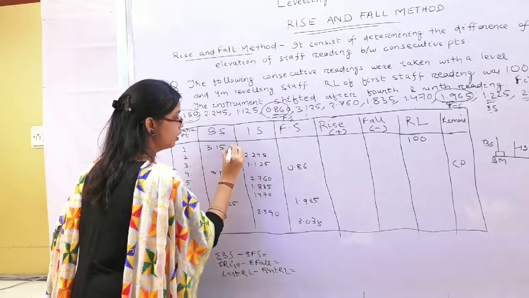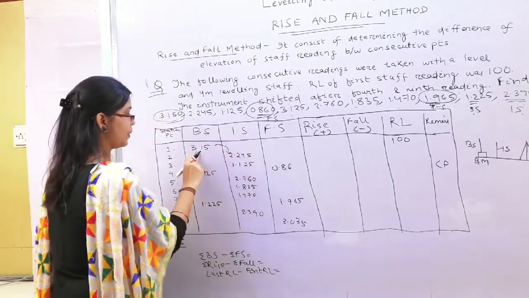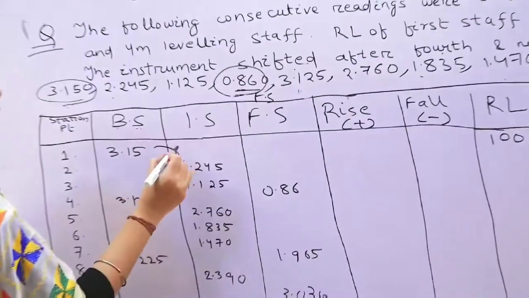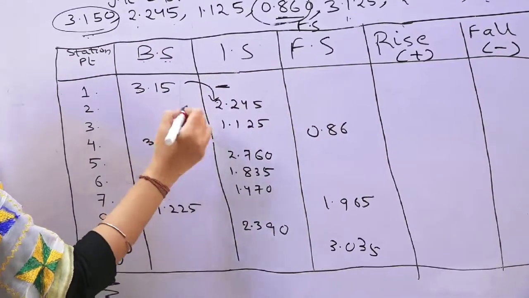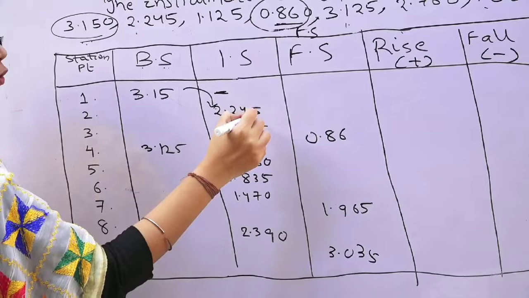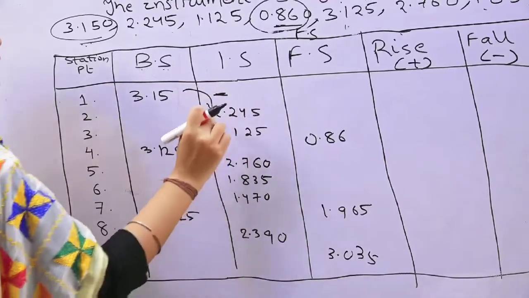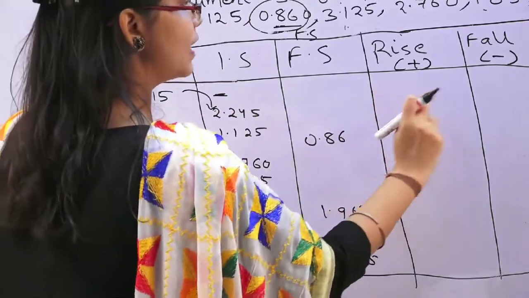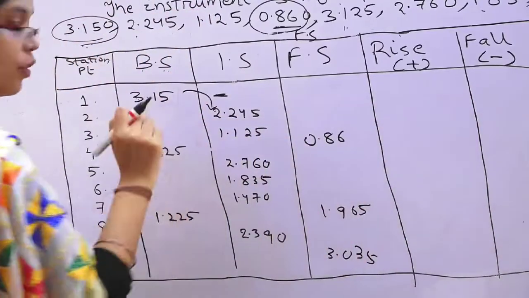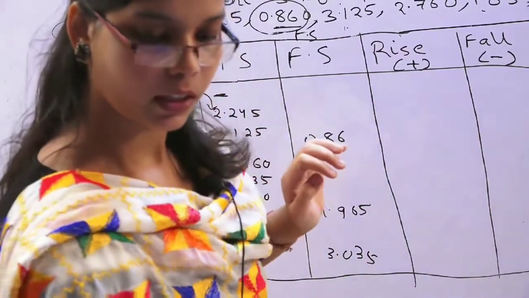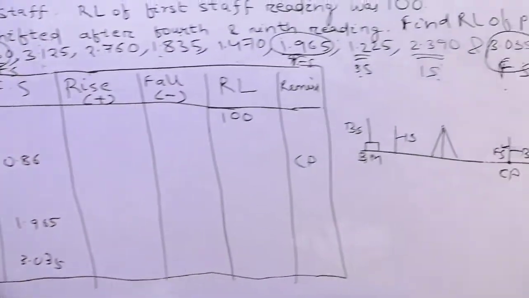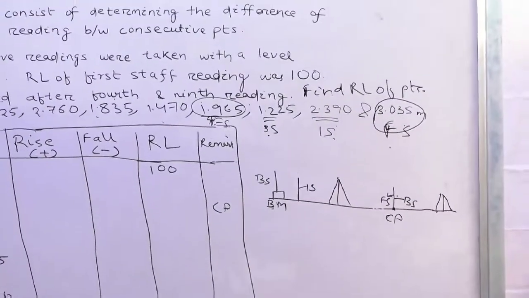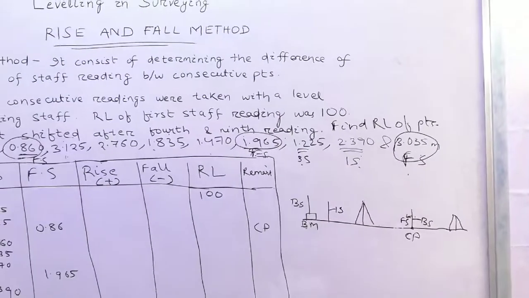Very easy method. See, back side reading and this is interesting. We will take 3.15 minus 2.245. How much value will we get? We will write in rise or fall. Now we can calculate 3.15 minus 2.245.